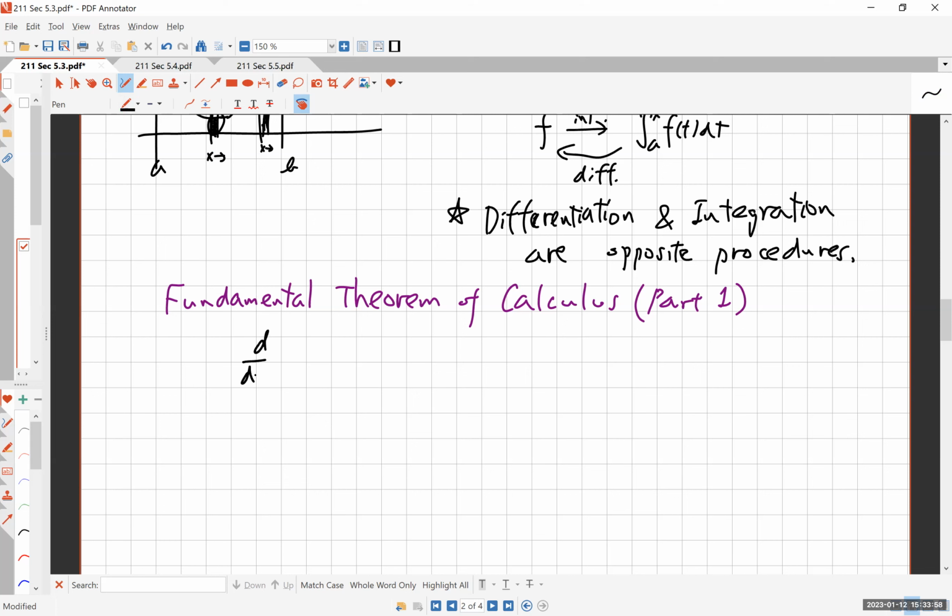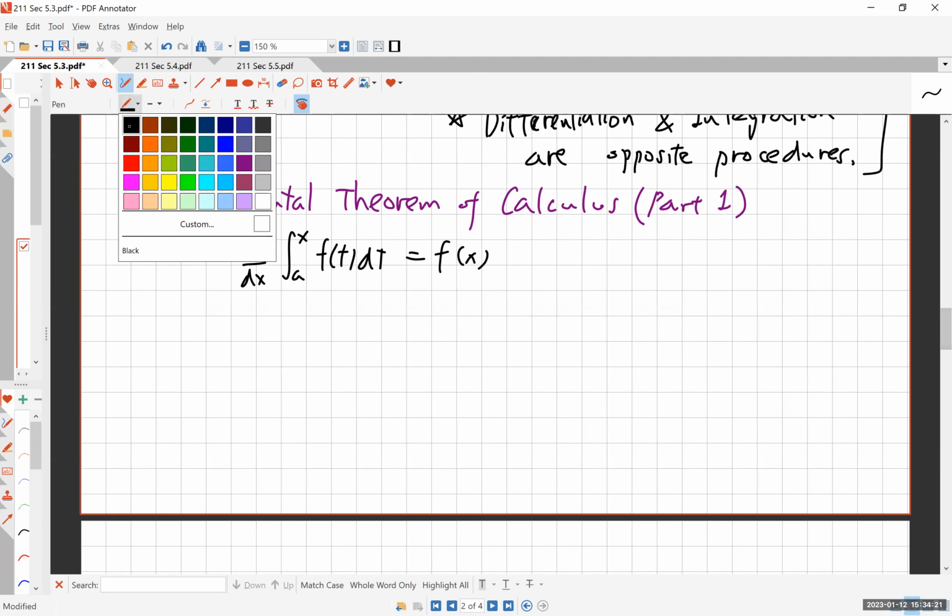This one says the derivative of this area function, the integral from a to x of f(t) dt, is equal to f(x). The derivative of the area function, the derivative of the integral function, is f itself, which means that the differentiation process and the integration process are inverse operations, or opposite of each other.